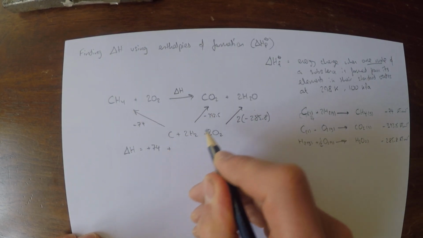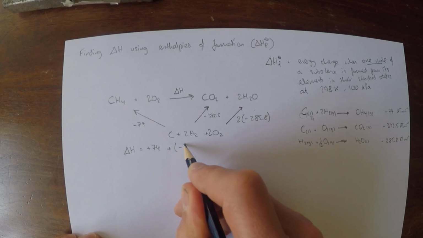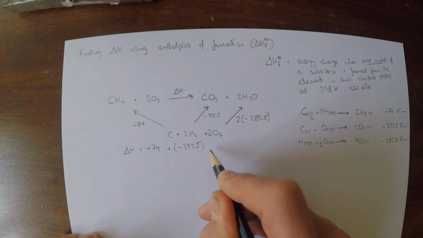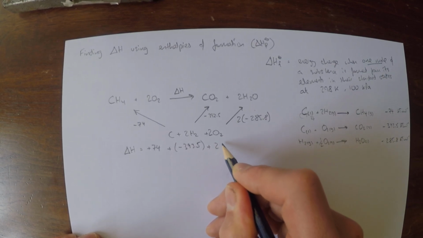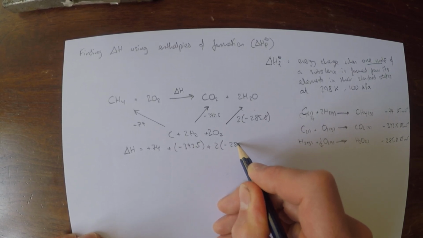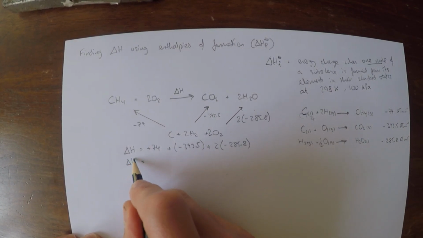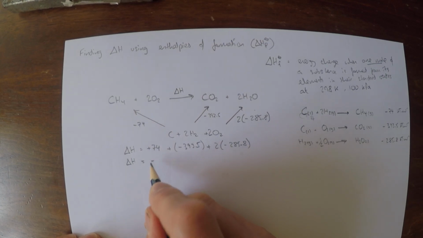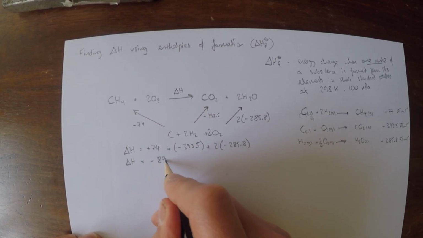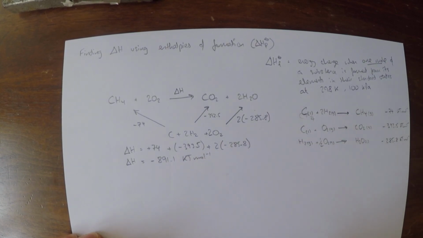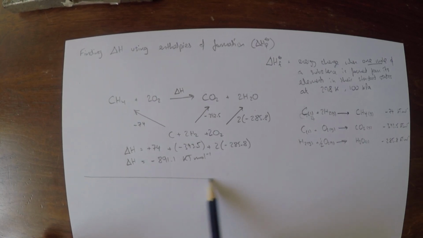And then we can simply add on minus 393.5 for the carbon dioxide and 2 times minus 285.8 for the water to give us our overall enthalpy change for the reaction, which is minus 891.1 kilojoules per mole for the combustion of methane. So that's the first method.